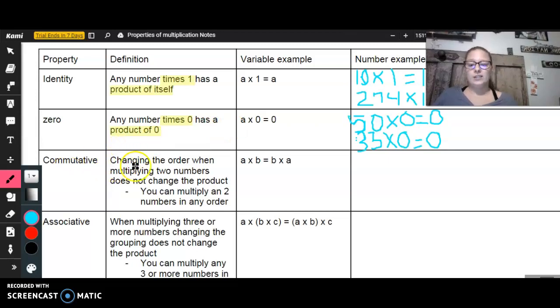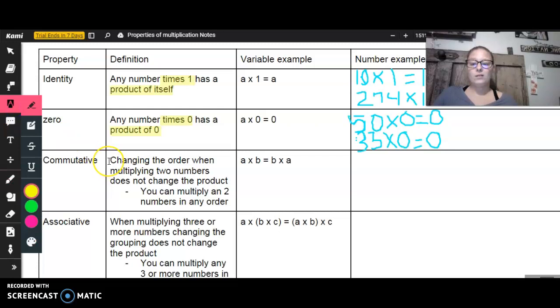So the definition here says that changing the order when multiplying two numbers does not change the product. So you can multiply any two numbers in any order and get the same answer. I'm going to highlight here: changing order does not change the product.